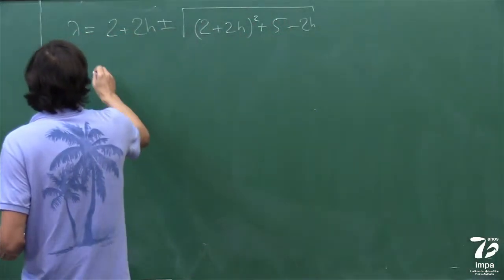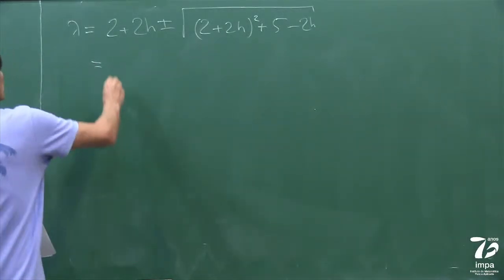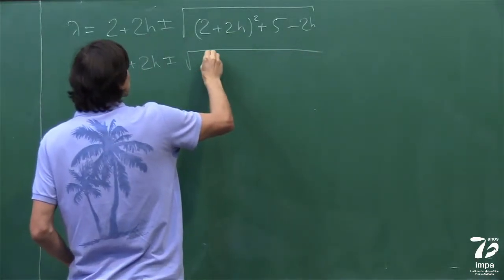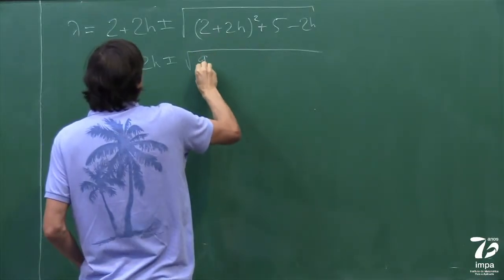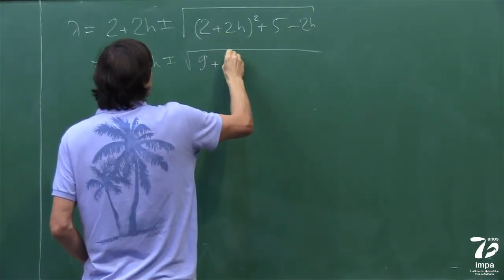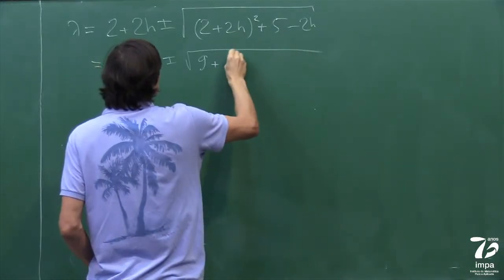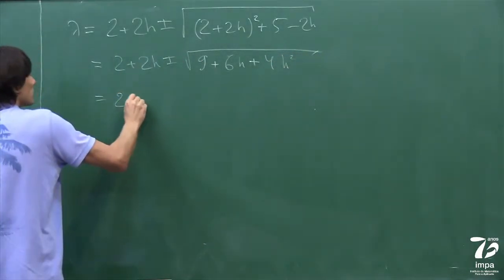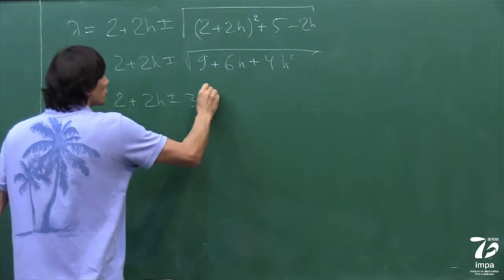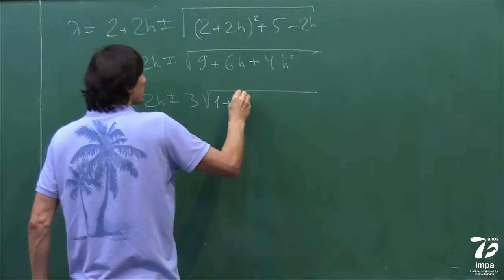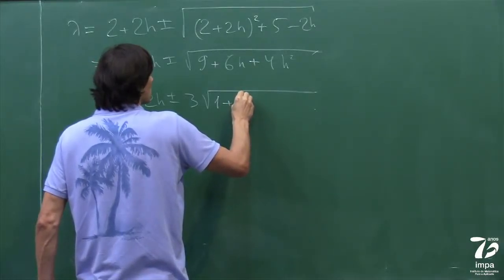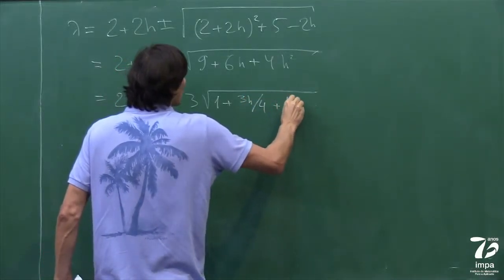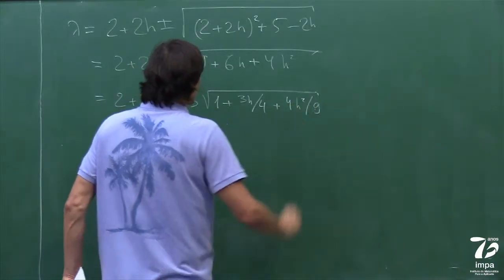This is 4, 5, 9; 2 plus 2 plus 8 minus 2, 6. Let's put 3 outside.